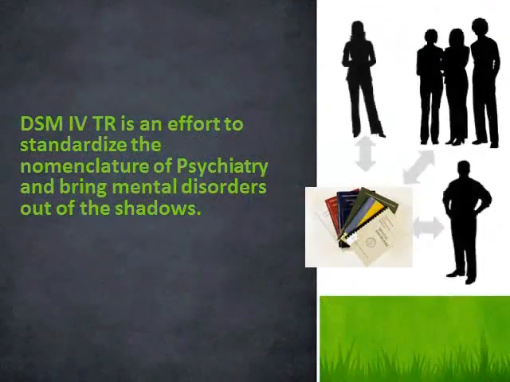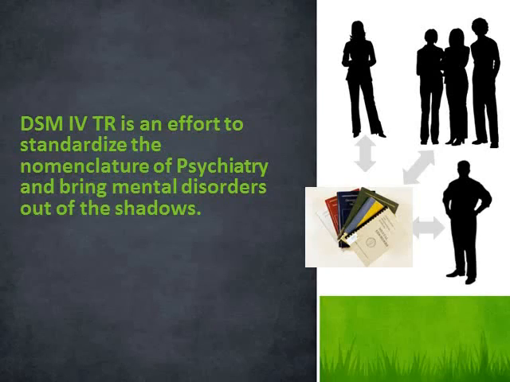Well, the DSM-4TR is simply an effort to standardize nomenclature of psychiatry and to bring mental disorders out of the shadows, and to make sure that all of these disorders are confined to one standard definition. The DSM, the Diagnostic and Statistical Manual of Mental Disorders, provides that standard.